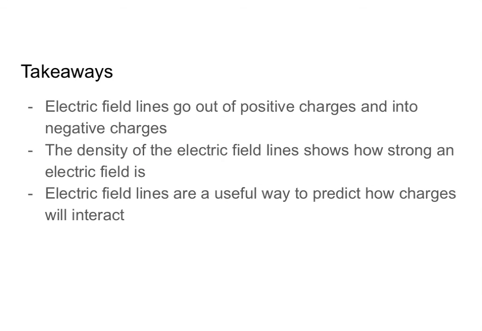Okay, so some takeaways. So first of all, we can depict the sign on electric field lines using the direction of the arrows on our lines, because electric field lines will always go out of positive charges and into negative charges. Second, the density of the electric field lines shows how strong an electric field is.